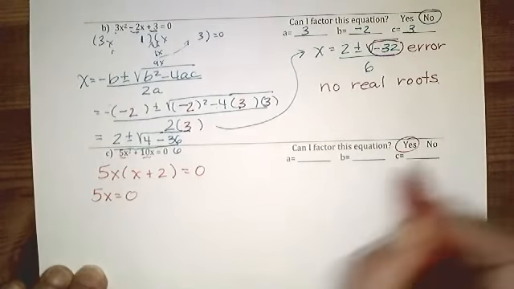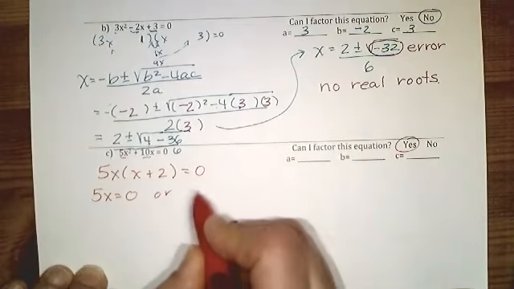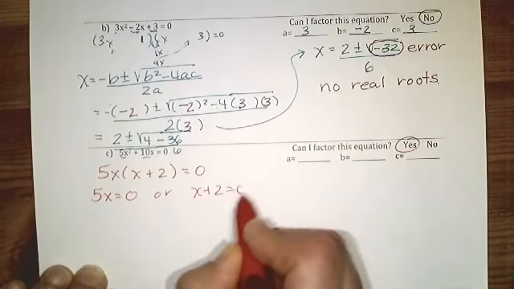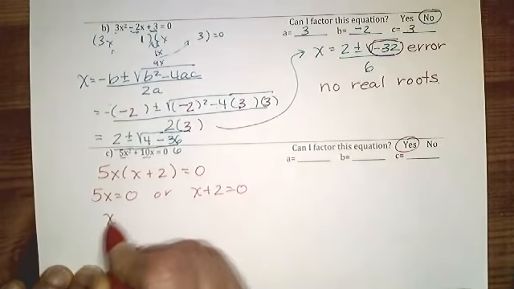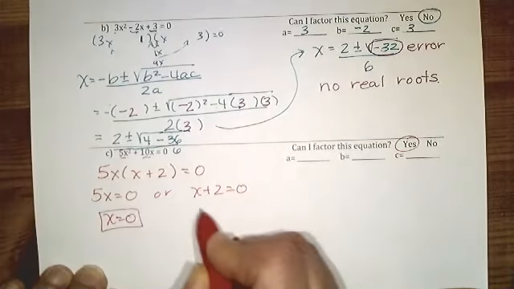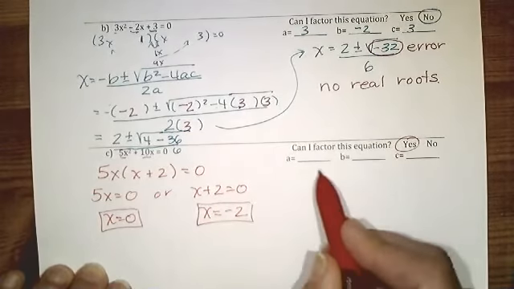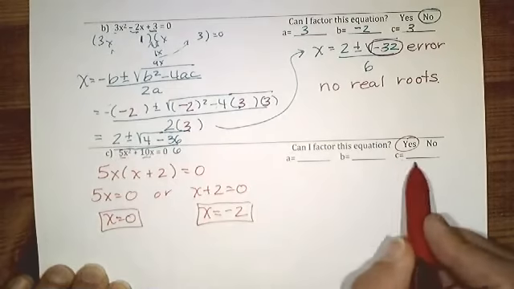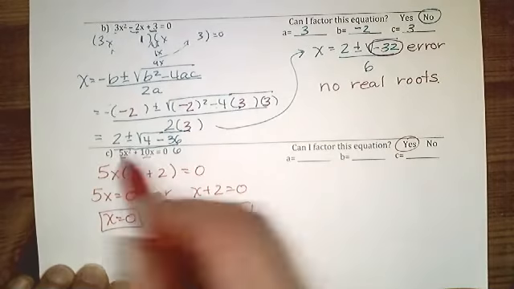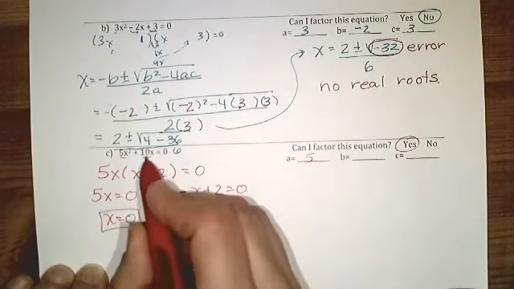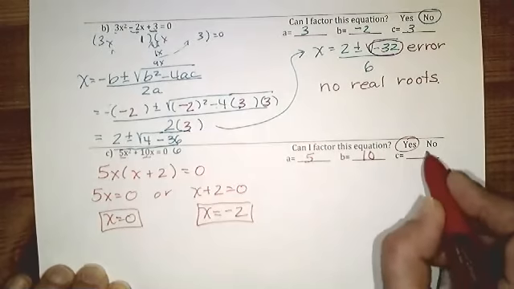Sorry, this does factor. Or x add 2 equal to 0. So when I solve this, x is equal to 0 is one solution, x minus 2 is the other solution. And just for practice, we can still write these in even though we're not using the quadratic formula. So my a is 5, my b is 10, and this time my c is 0.